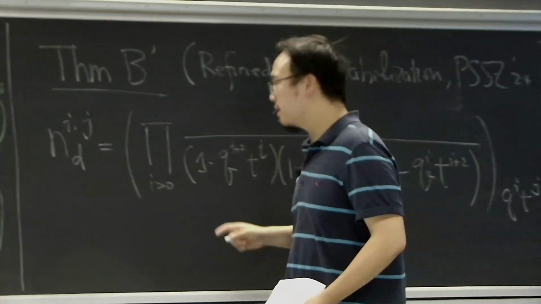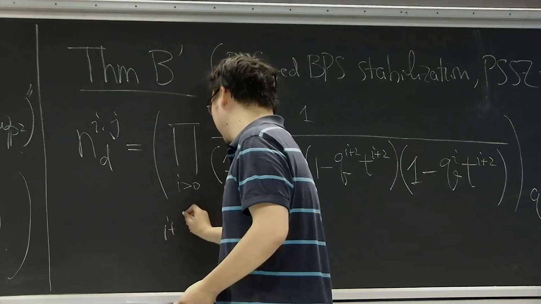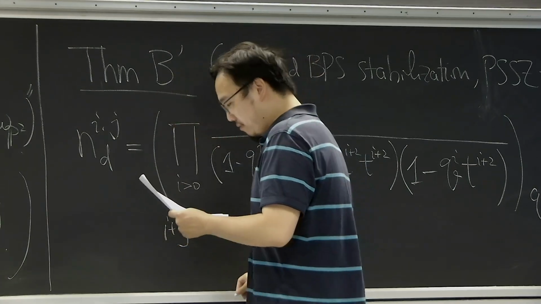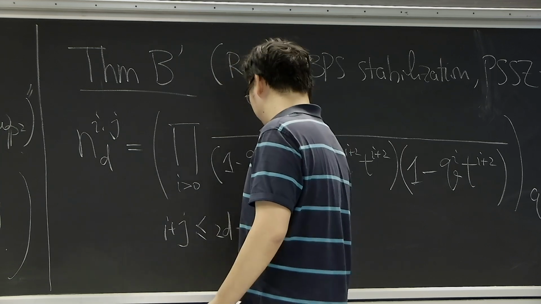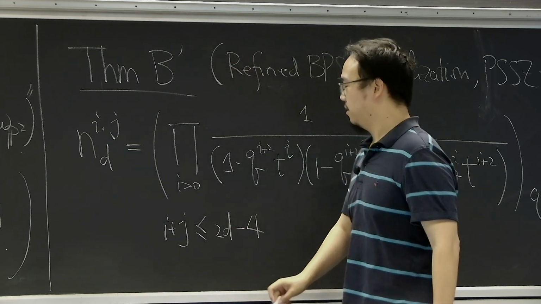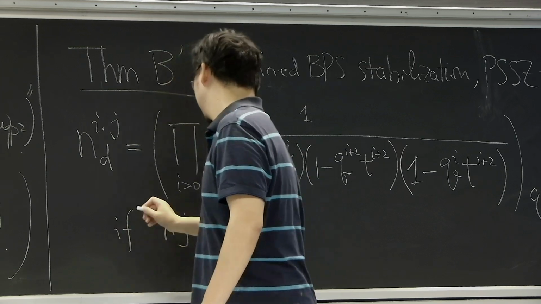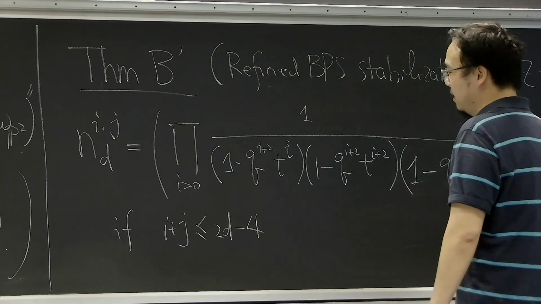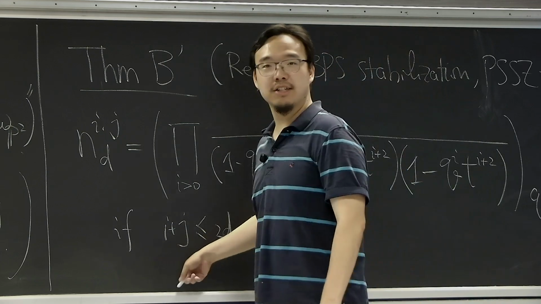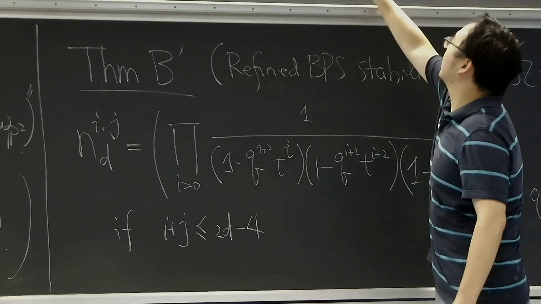And this is correct on the nose if i plus j is small compared to d. The i plus j here is actually the cohomological degree of the BPS cohomology.